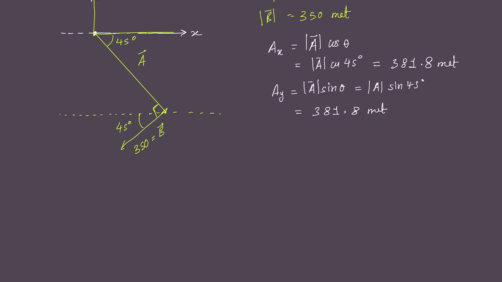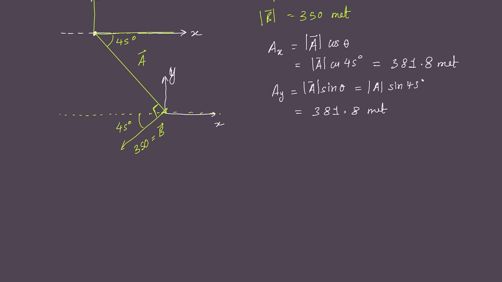Usually in a problem a coordinate system is fixed, but here, just for understanding's sake, I'm going to make this coordinate system again here so that we can figure out the x and y components of B. This is not a usual step, it is just for our understanding.